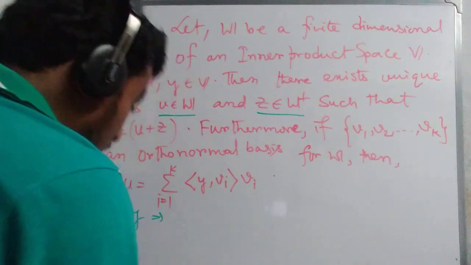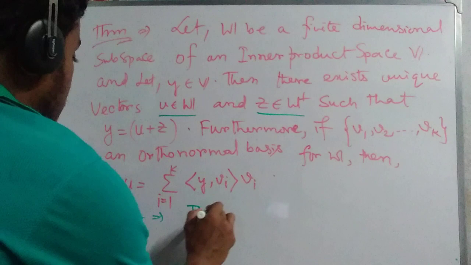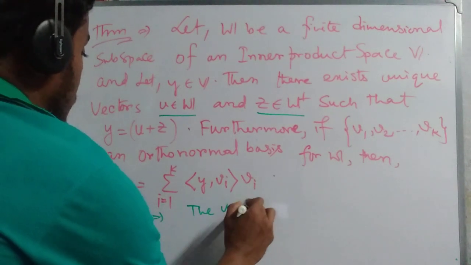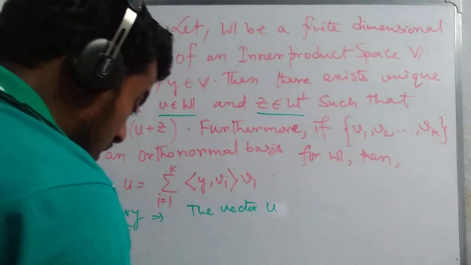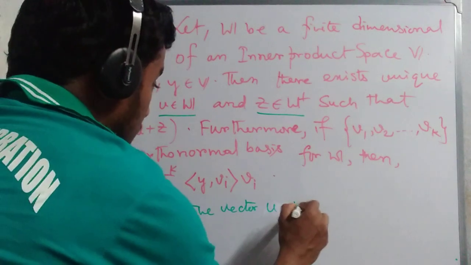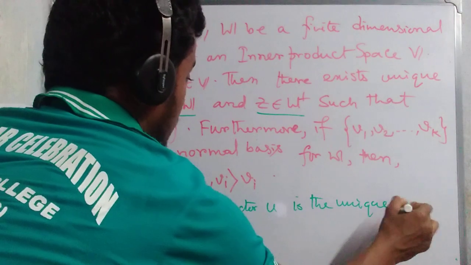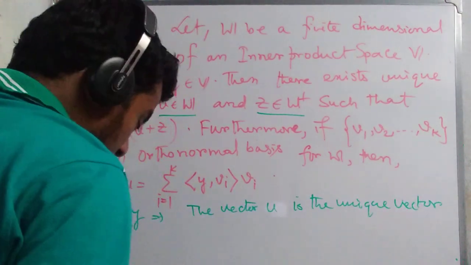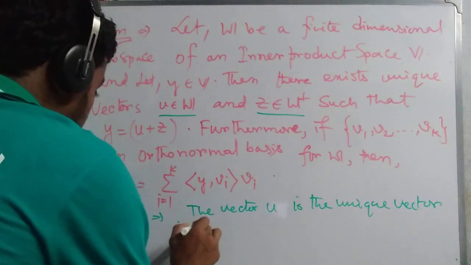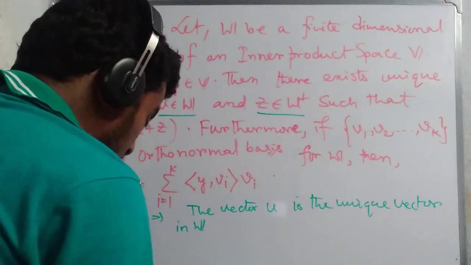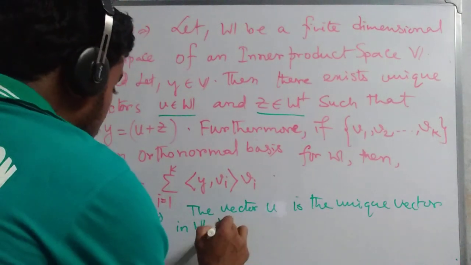Here the vector u is the unique vector in W that is closest to y.